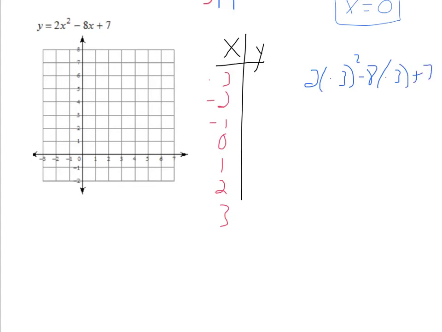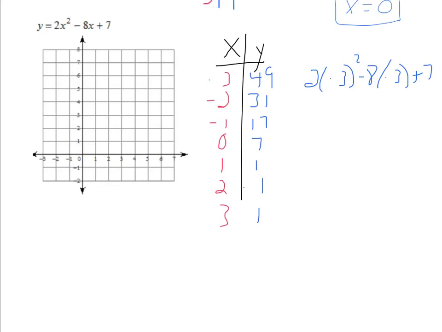So remember, negative 3 quantity squared. That's important. When you do that, you get 49. You get 31, you get 17, 7, 1, negative 1, 1.